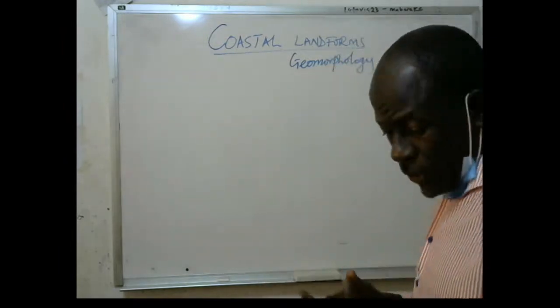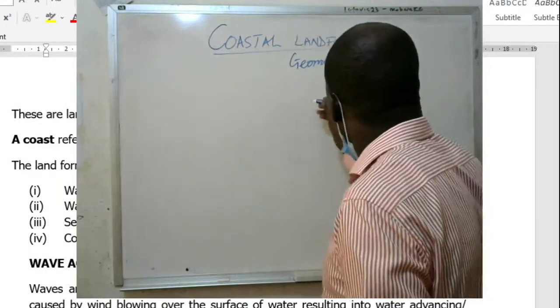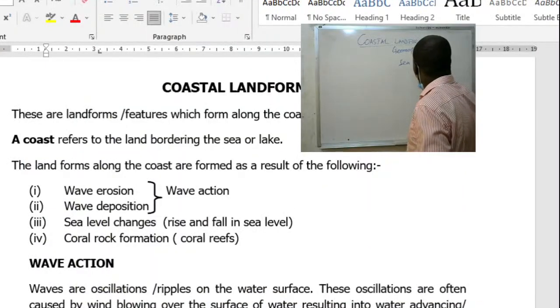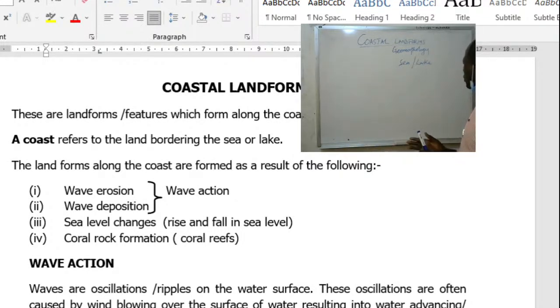Now, when we say water body, we are only talking about either the sea or a lake in this case, because we are not really talking about a river here. So we are talking about land bordering a sea or a lake. So that's what we call a coast.